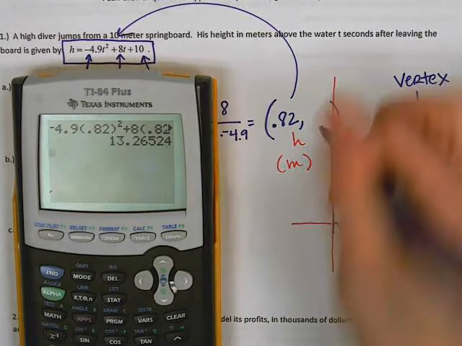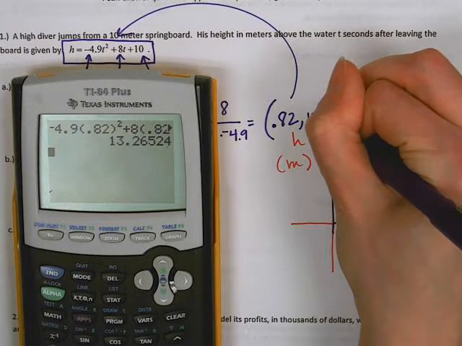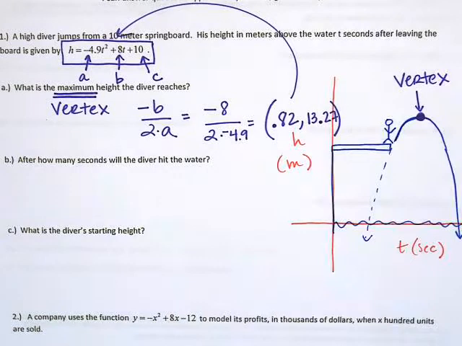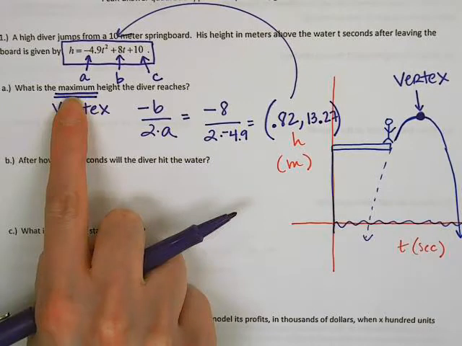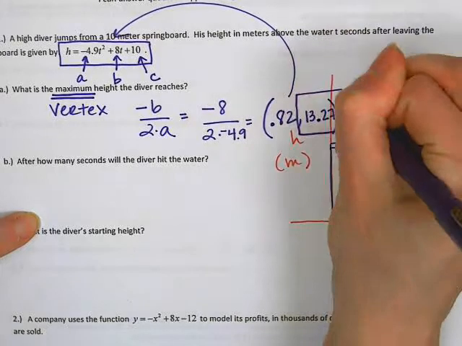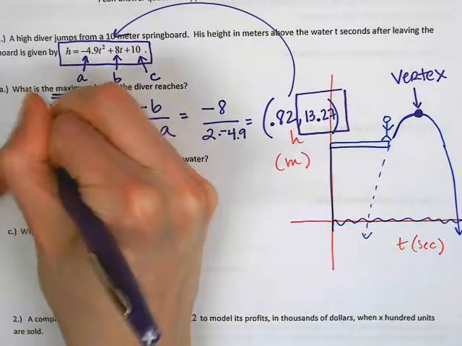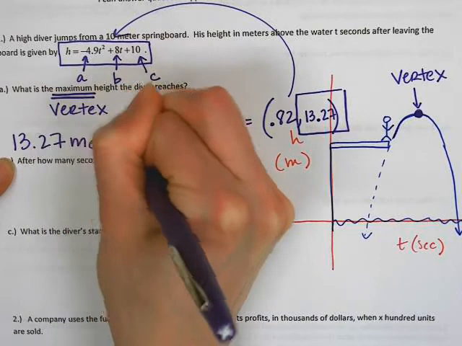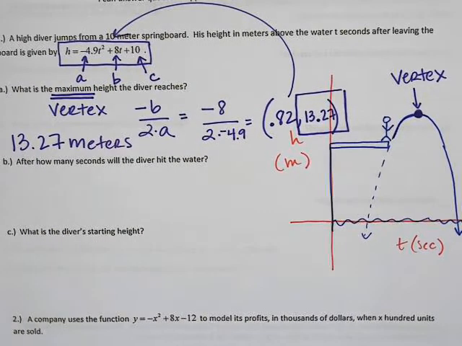And that gives us 13.27 if we round. So what's the answer? What is the maximum height? It's going to be the second number here, 13.27 meters. That's the final answer.